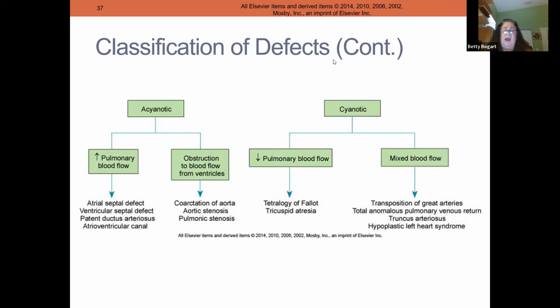Well, this is tetralogy of Fallot. Blood goes from the right ventricle up into the lungs and has to go through a tube called the pulmonary artery, and it goes through that pulmonary valve. Sometimes a piece of tissue flaps over that valve and covers it, so no blood can go to the lungs.